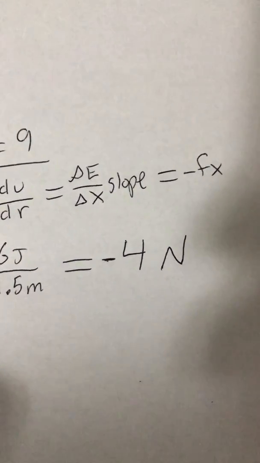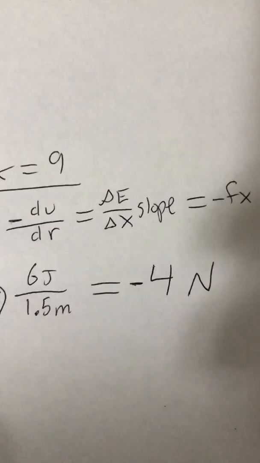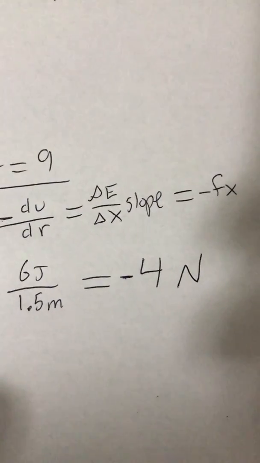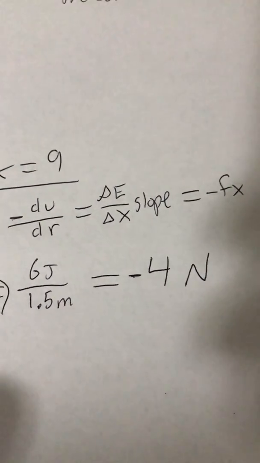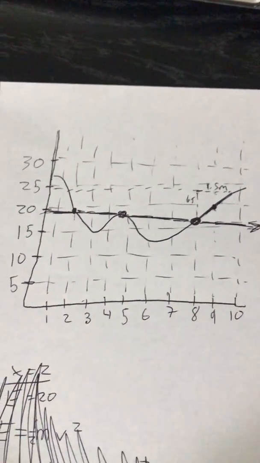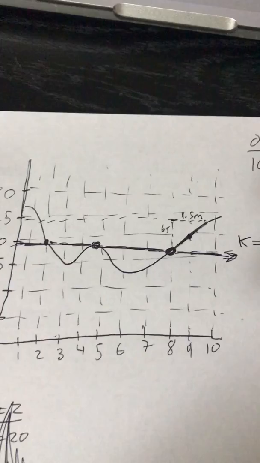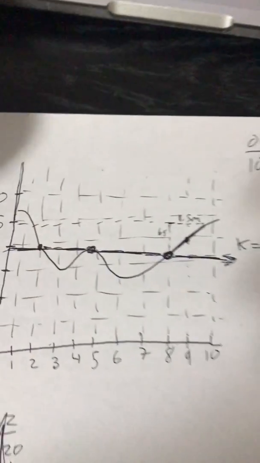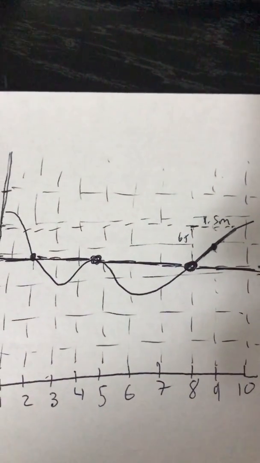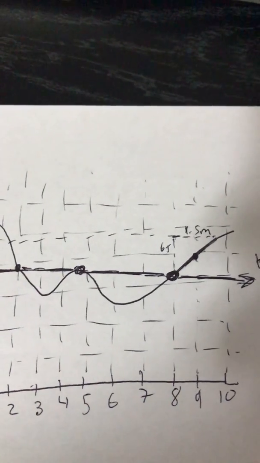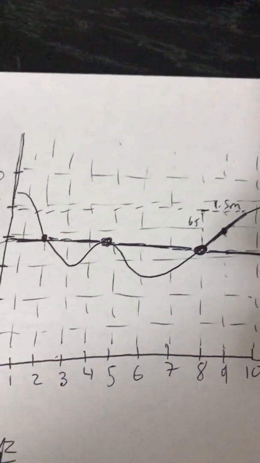So then the second part of the problem, to show that we can determine the motion of the particle, is that we want to know at what point on this curve is the object stopping and changing direction, and when the kinetic energy is equal to 0.